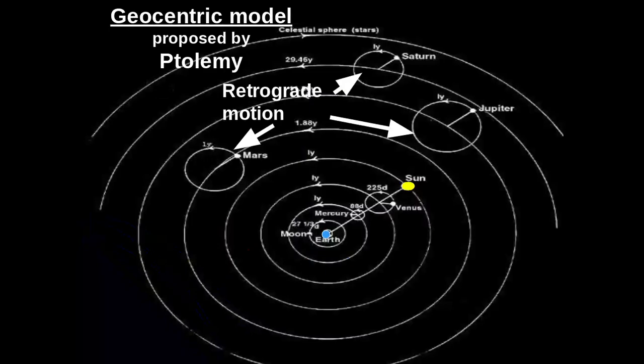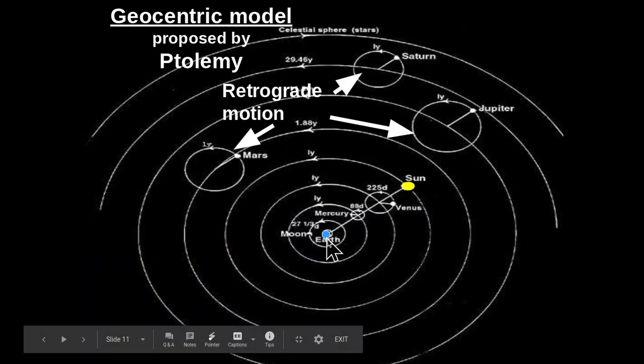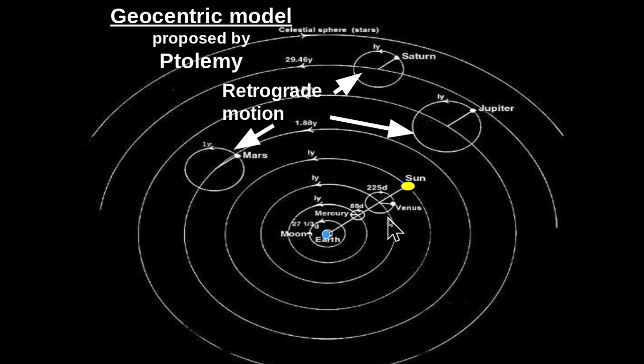This is just another little diagram showing you the geocentric model. It shows you Earth in the center. It shows Mercury, the Sun, Venus, and so forth, and each one of these circles represents the epicycles that Ptolemy assigned to each one of the planets to account for retrograde motion in the geocentric model.